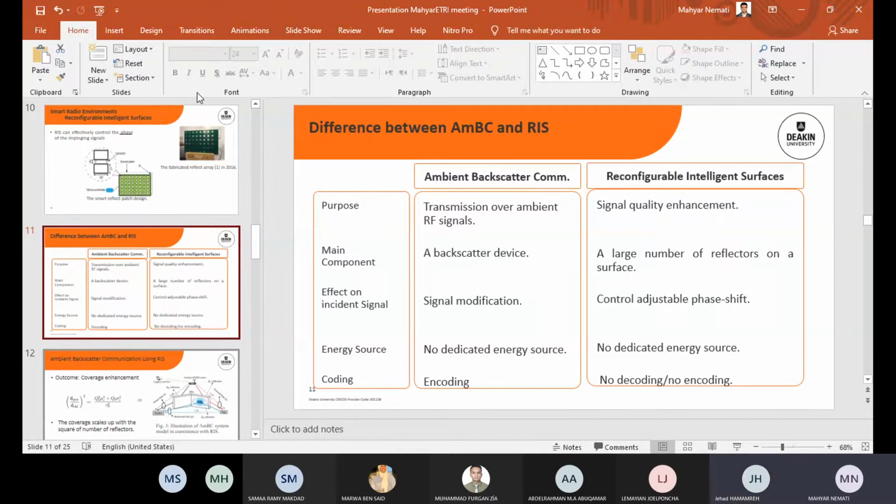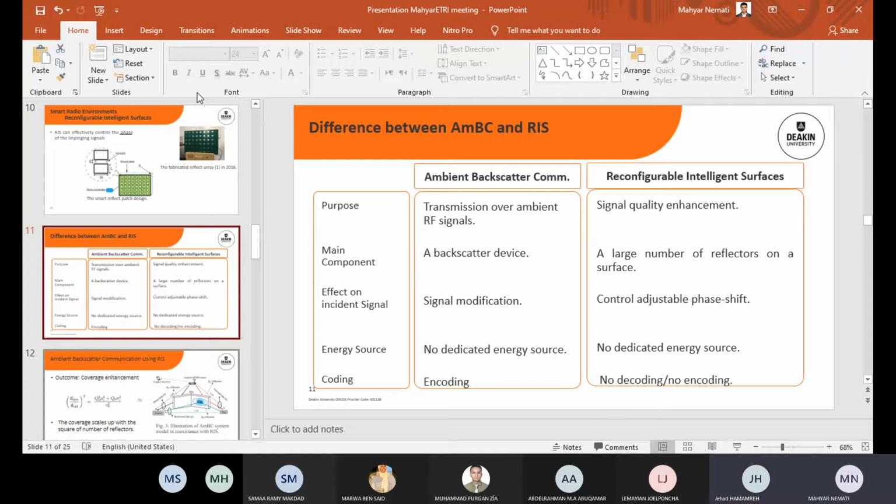We are just enhancing the signal quality, or controlling the wireless channel or the environment in terms of wireless communication. The main component in ambient backscatter communication is just a single backscatter device, but in reconfigurable intelligent surfaces, we have a large number of reflectors or sensors on a surface.